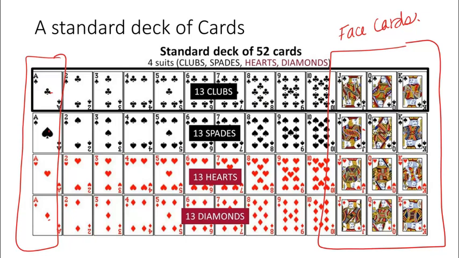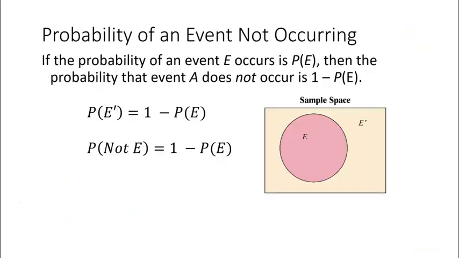One other conversation for us to have in this lesson is the probability that something does not occur. If the probability of an event occurring is P(E), then the probability that the event does not occur is 1 minus that probability. Remember, the probability of all your outcomes, the probability of your entire sample space, is 1.